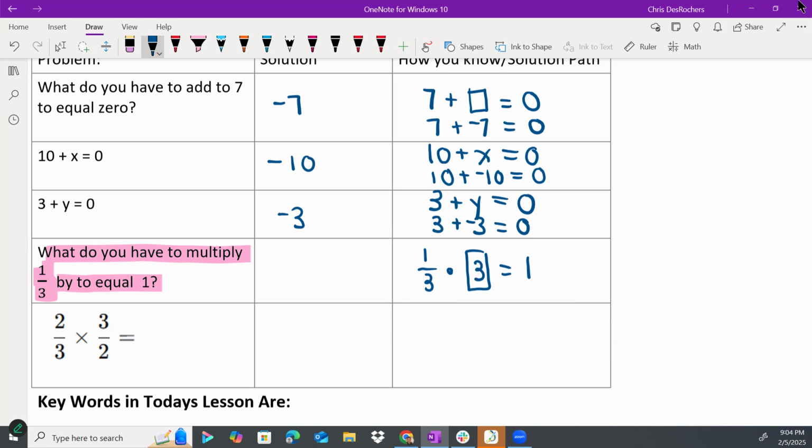Then we would rewrite this as 1/3 times 3 over 1, because 3 is 3 ones.